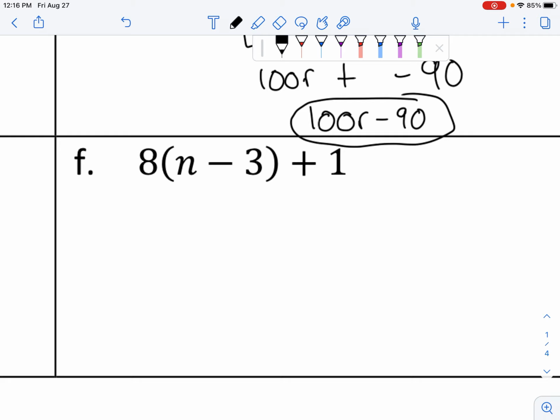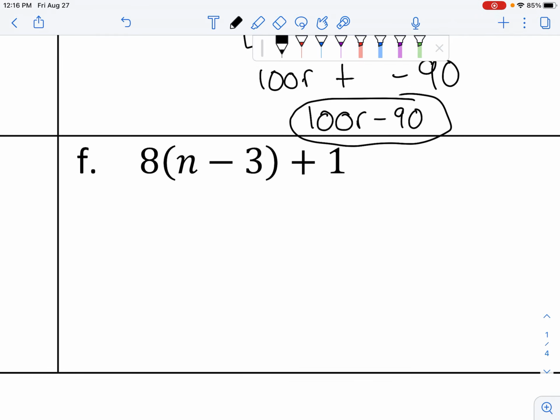All right, and this is a nice example that's going to have some combining as well. So this 8 is multiplying in, but it is only multiplying into this quantity here. So we have 8 times n and 8 times negative 3. This 8 is not multiplying all the way to this 1 because this 1 is not included in the parentheses.